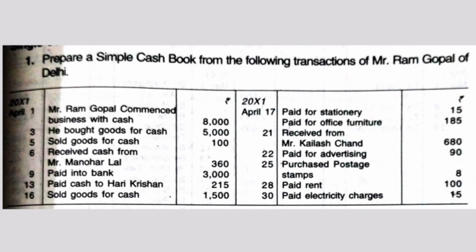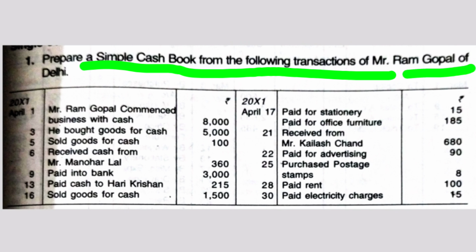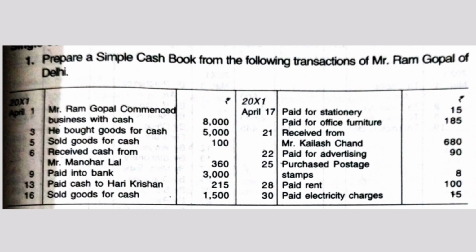Now coming to our discussion. This is a question which they have given. What does the question say? It states: prepare a simple cash book from the following transactions of Mr. Ram Gopal of Delhi. They have given some transactions which have occurred in Mr. Ram Gopal's books, and we have to record these business transactions in the cash book. Whenever you see the question, please note what type of cash book they are asking us to prepare.